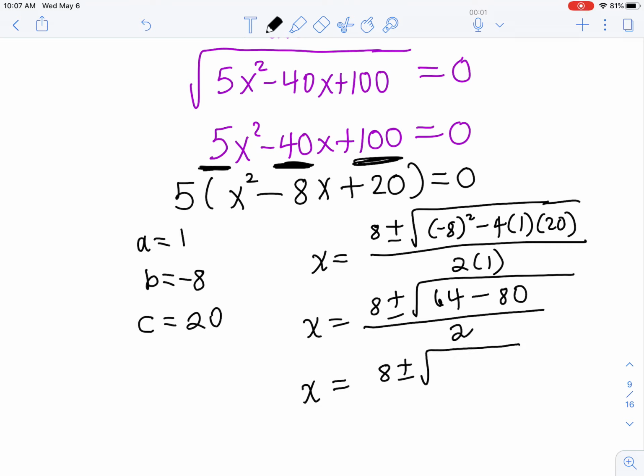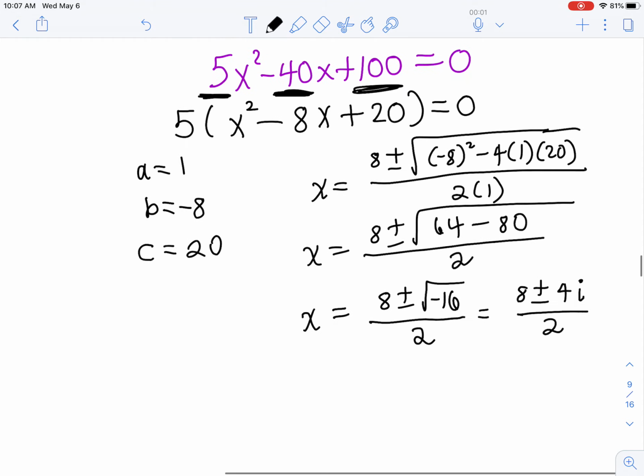x equals 8 plus or minus. What is 64 minus 80? 64 minus 80 is negative 16, right? And now, because we're good with math, I can simplify that to plus or minus 4i divided by 2. But here's the problem.